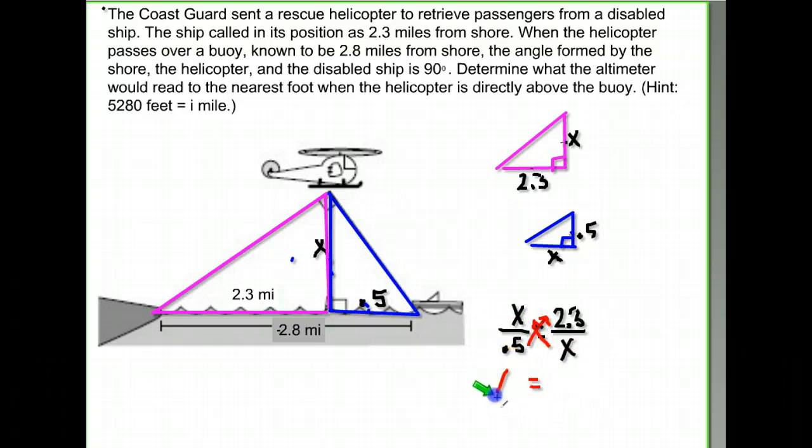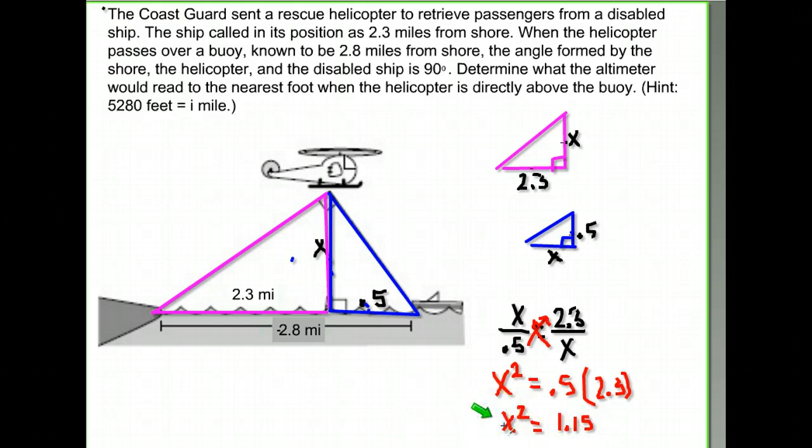We get x times x, which would be x squared, and then we have 0.5 times 2.3. We do 0.5 times 2.3, and that gives us x squared equals 1.15. Okay, we're almost done.